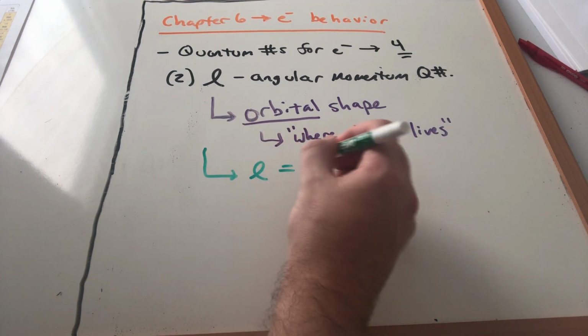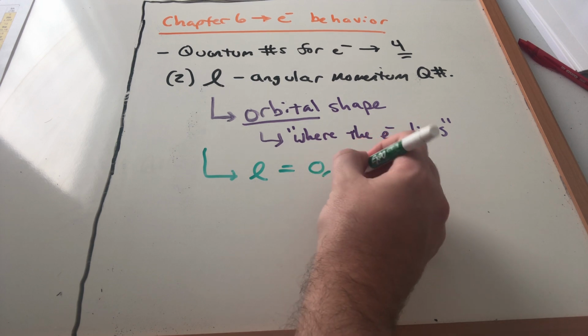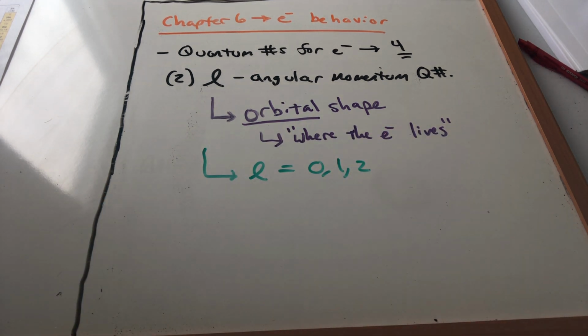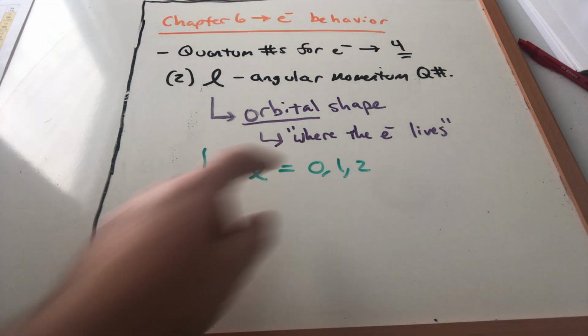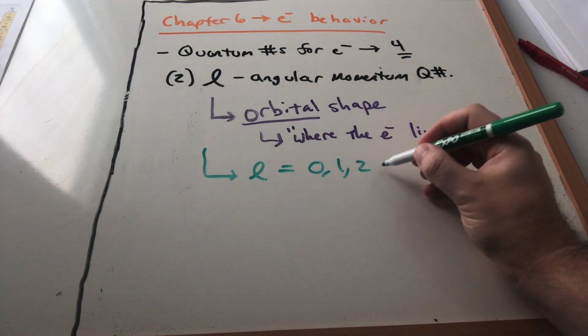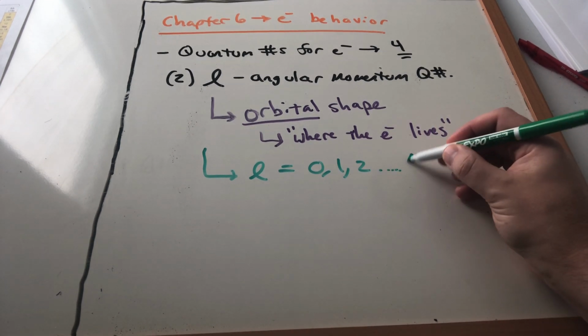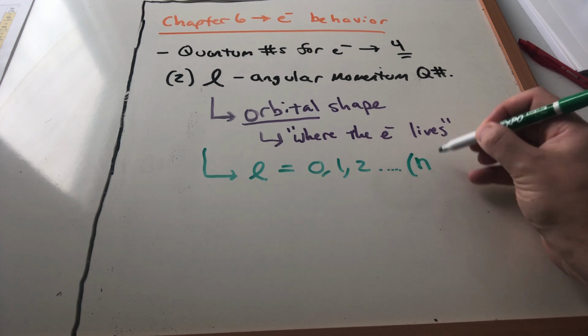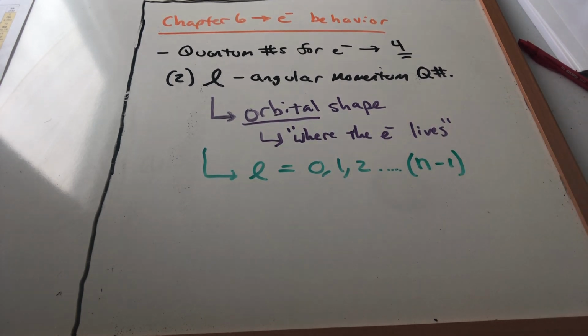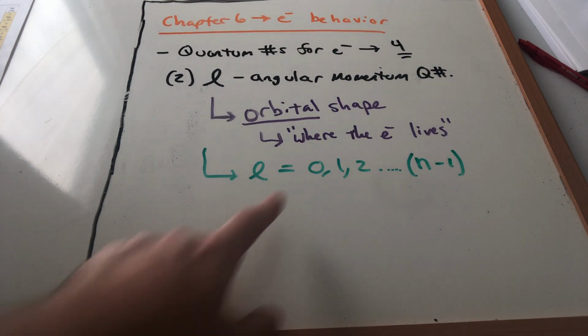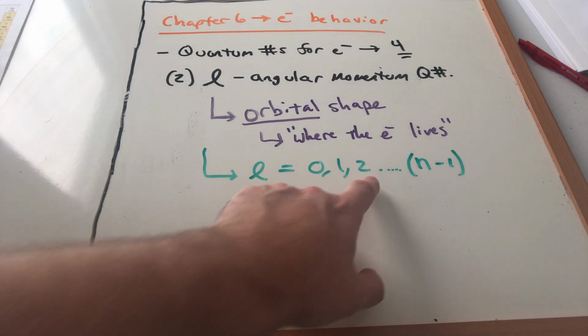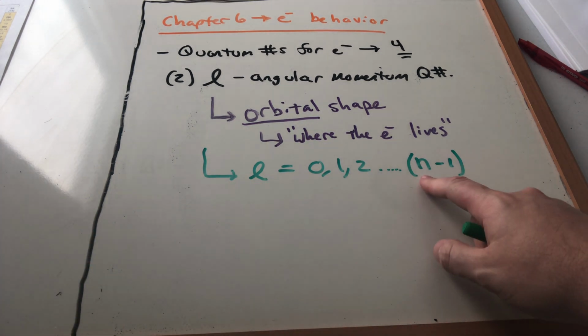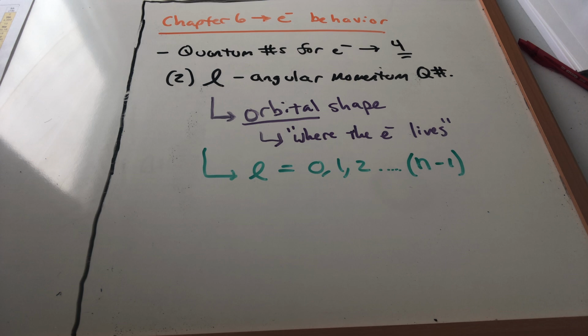l can have values of 0, 1, 2. So it's a little bit different than n, and l equals 0 is allowed. But the main issue with l is that the maximum value it can have is n minus 1. So what this notation means is you start at 0 and you count up by integer values until you get to n minus 1.